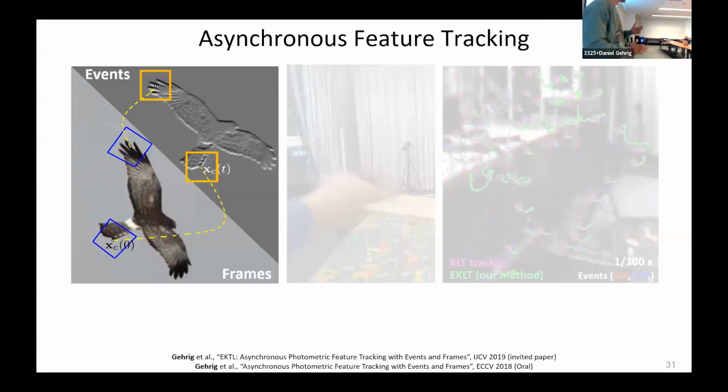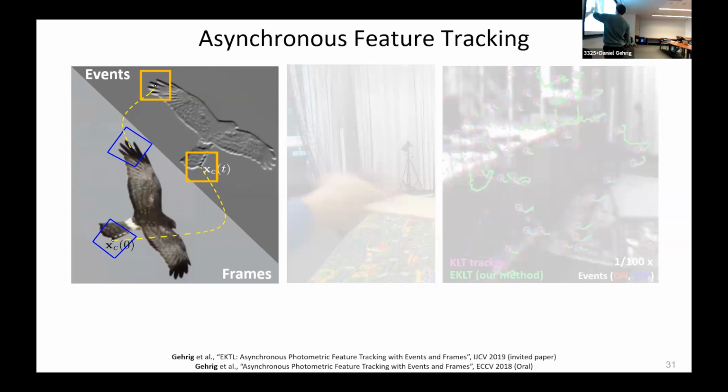Let me show you a few instances where I try to combine these modalities to achieve this. Here we have an example of asynchronous feature tracking. It uses images to initialize corners and then uses the events to track these corners.